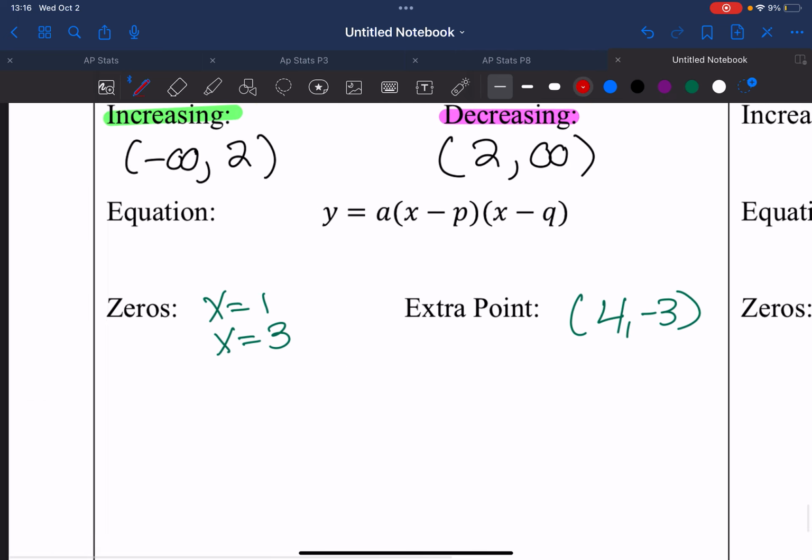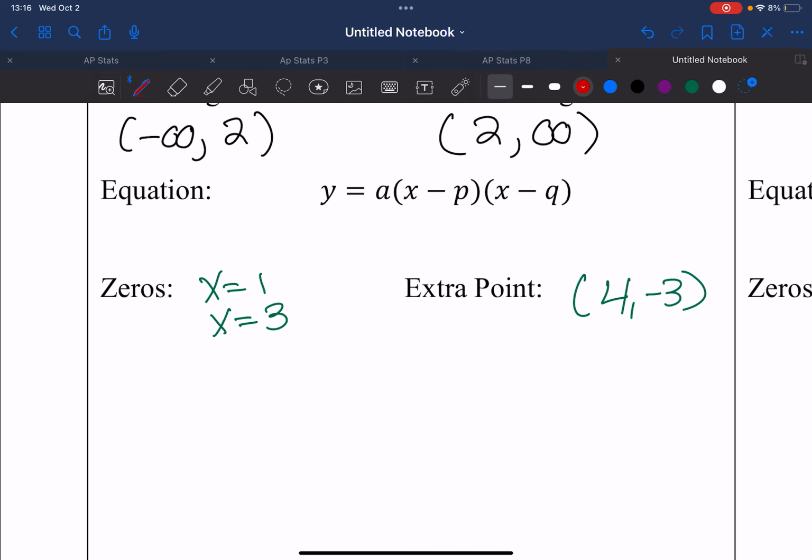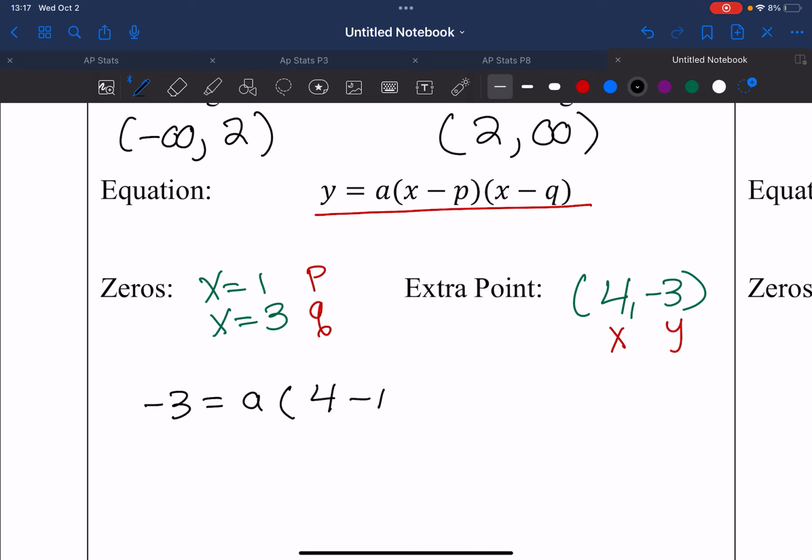Okay. So now using the intercept equation, I know that my x values are labeled as p and q, and my extra point is x, y. So plugging everything in, I get -3 is equal to a(4 minus 1)(4 minus 3).